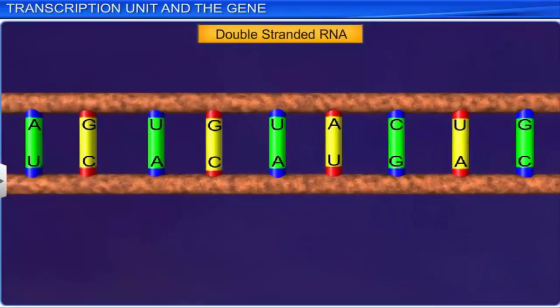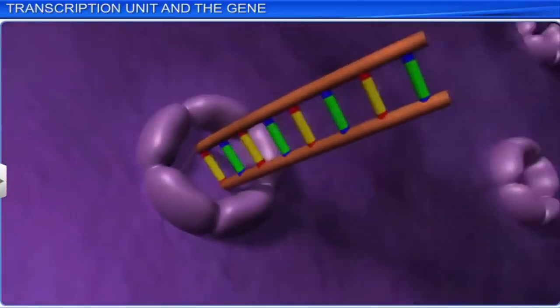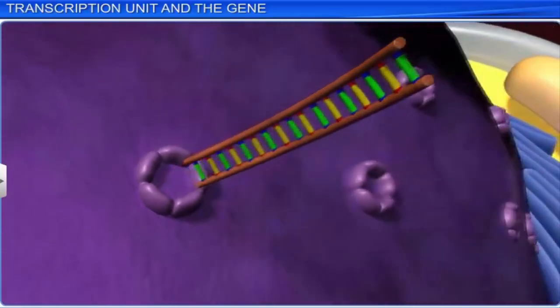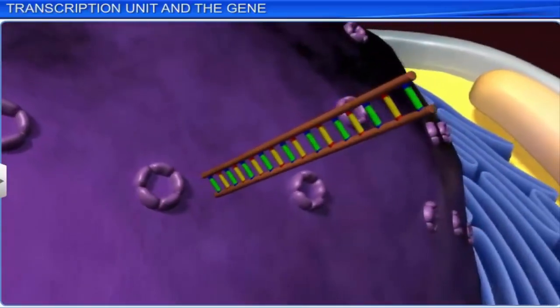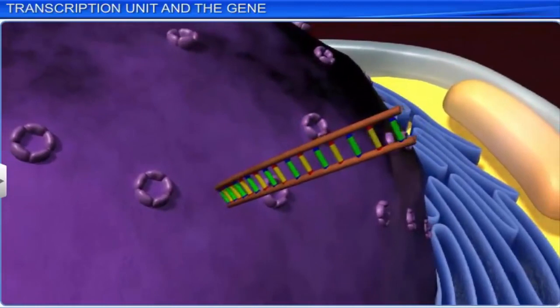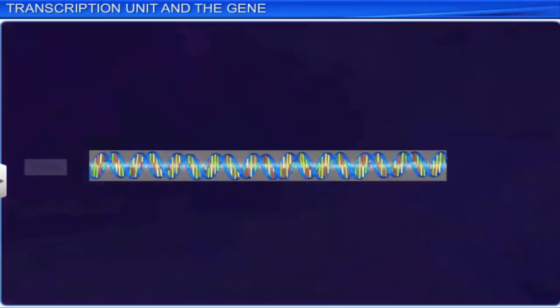As a result, RNA will not get translated into protein and the process of transcription will get nullified. However, such an occurrence is quite rare. The segment of DNA which takes part in the transcription process is called the transcription unit, and it encodes for at least one gene.